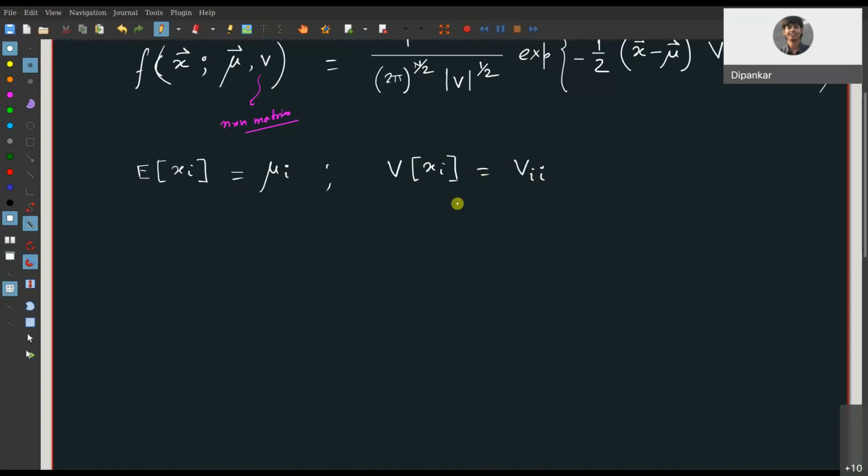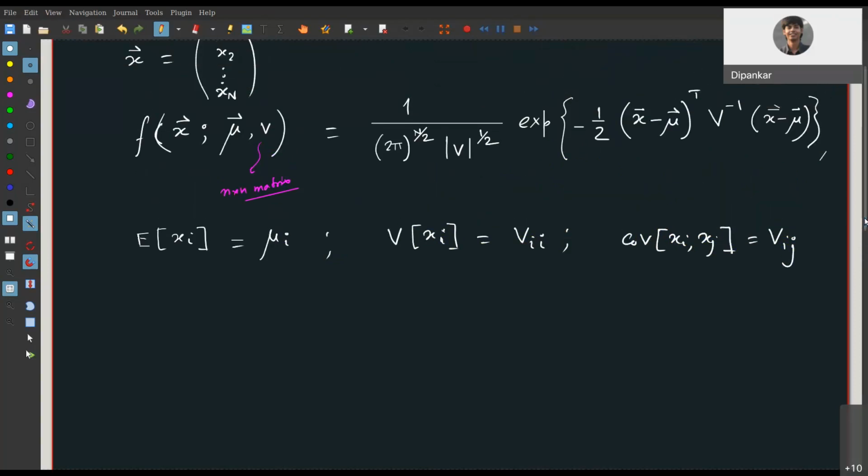These diagonal elements of V are just the variance of the ith random variable, and Vij is the covariance. So the covariance between xi and xj will be given by Vij.